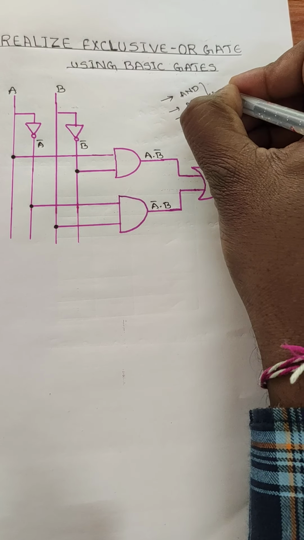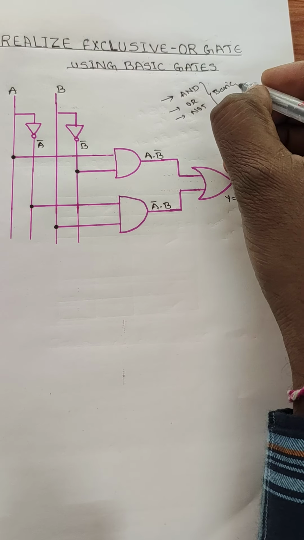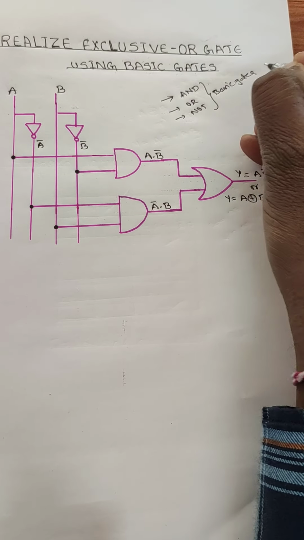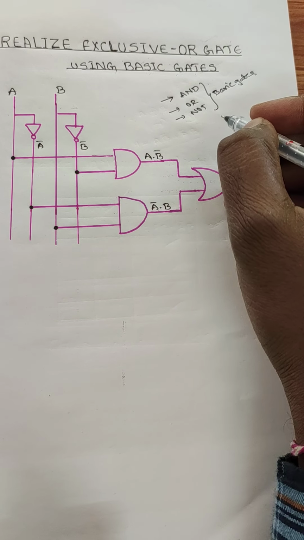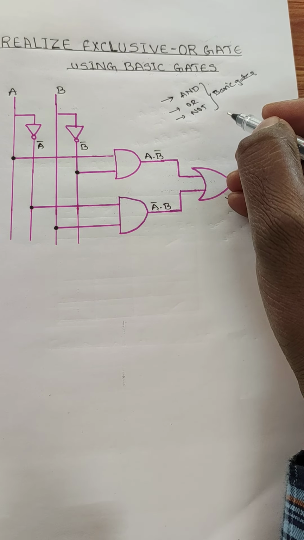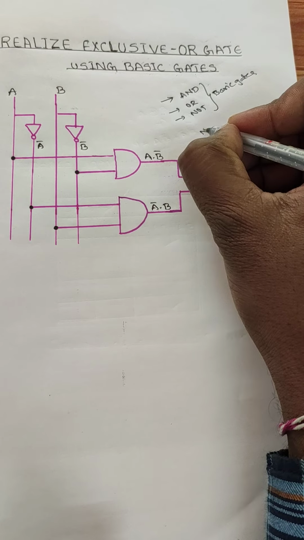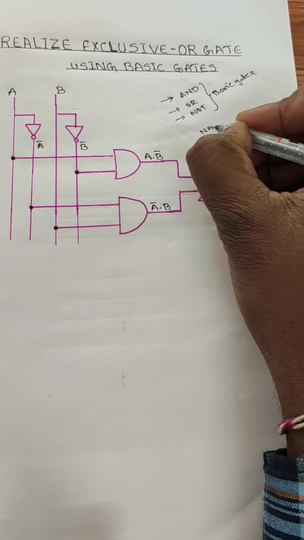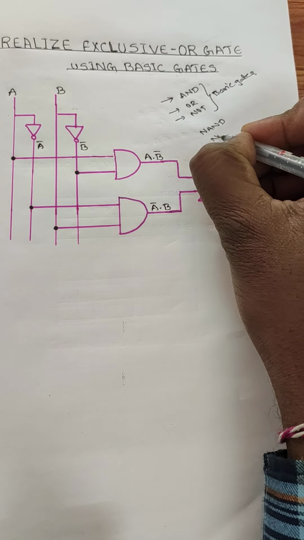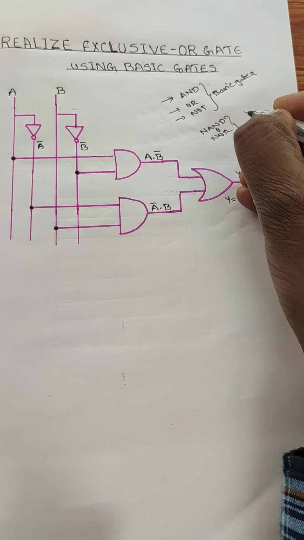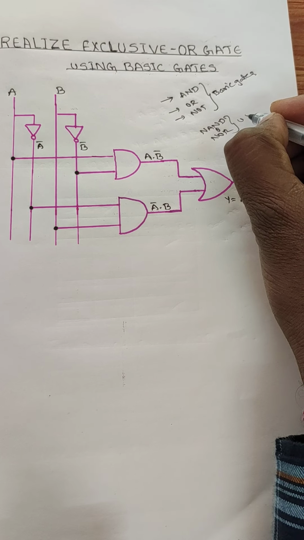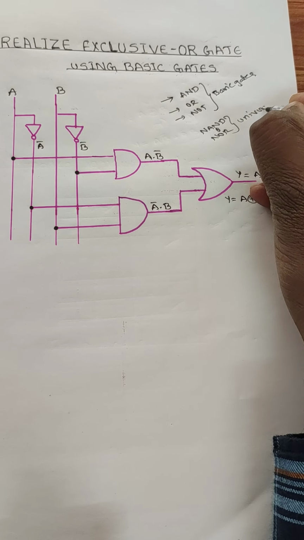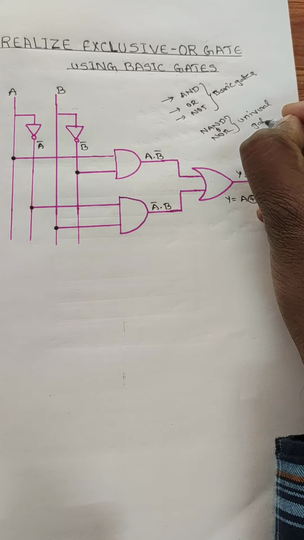By using these basic gates we can construct the exclusive OR gate. At the same time, we can construct the exclusive OR gate by using universal gates like NAND gate and NOR gate, and these gates are universal gates.